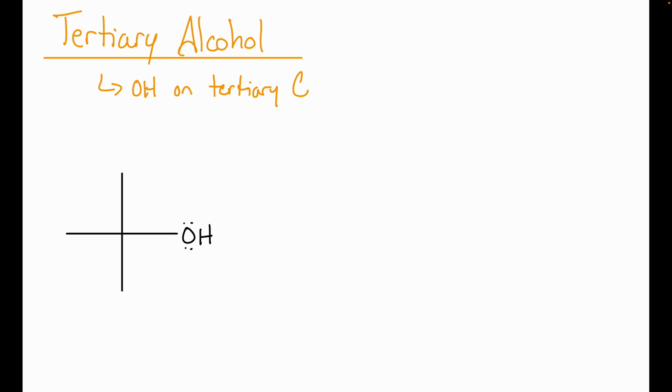alcohols are the easiest to convert into alkyl halides. You can do so very efficiently, very quickly, with just that hydrohalic acid. So hydrochloric acid, that would get you to an alkyl chloride.